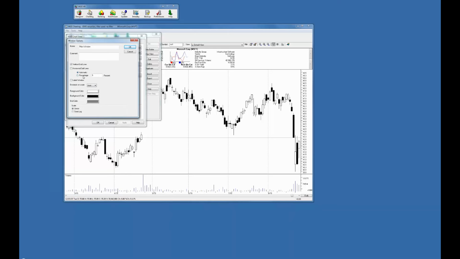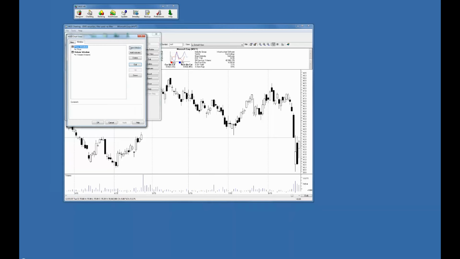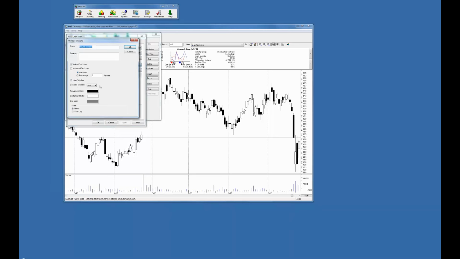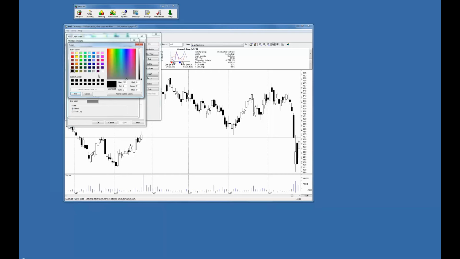If you've got the label window option turned on, then you get less screen real estate. Let me finish making this view and I'll make this window bigger. Right now I'm just reversing the colors.